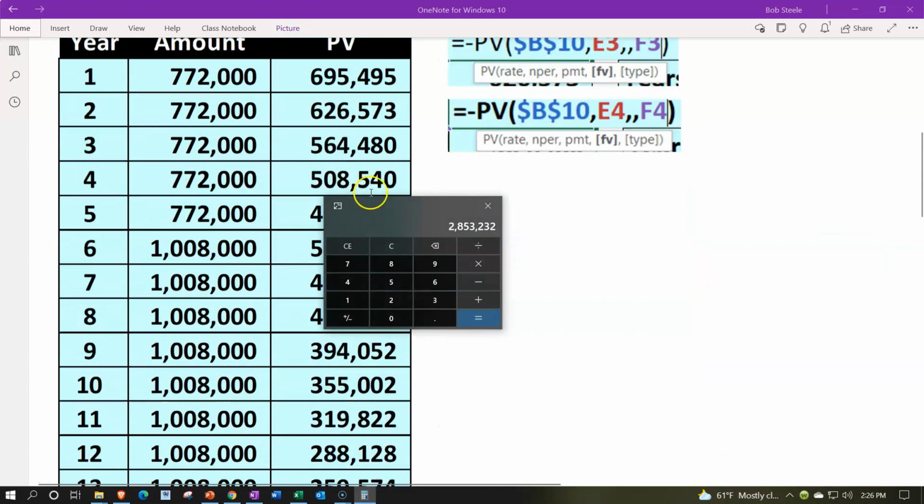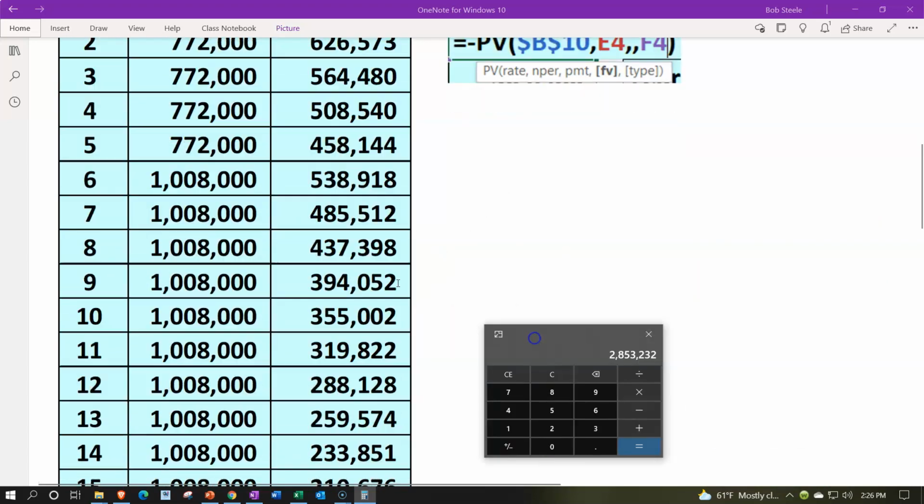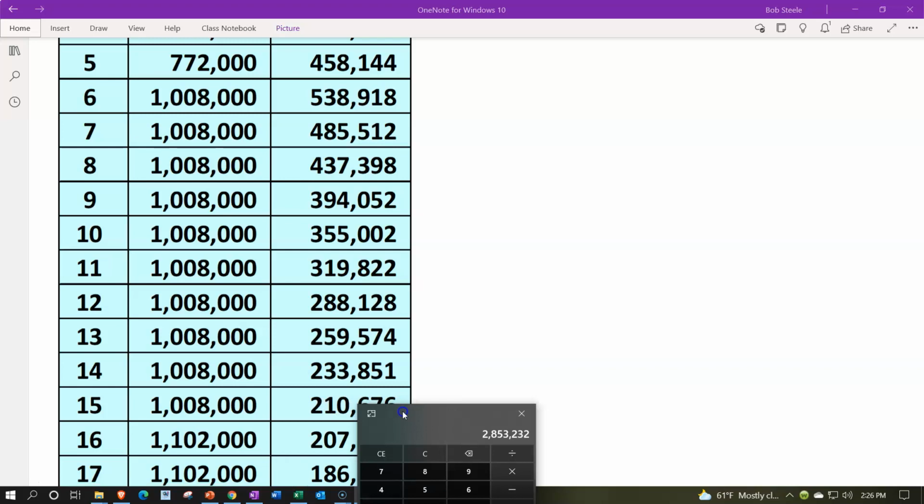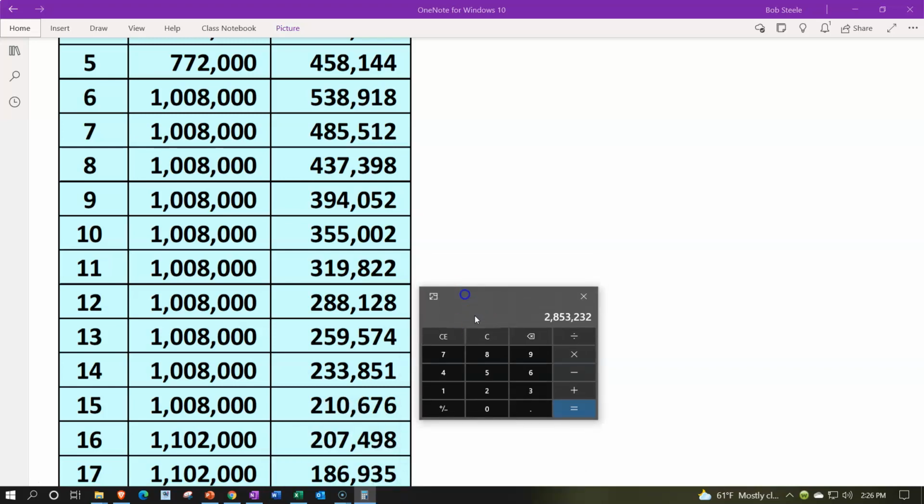And then we went down from 6 to 16, or 16 to 15. So that would be starting here: 538,918 plus 485,512 plus 437,398 plus 394,052 plus 355,002 plus 319,822 plus 288,128 plus 259,574 plus 233,851 plus 210,676. And I think that's it.